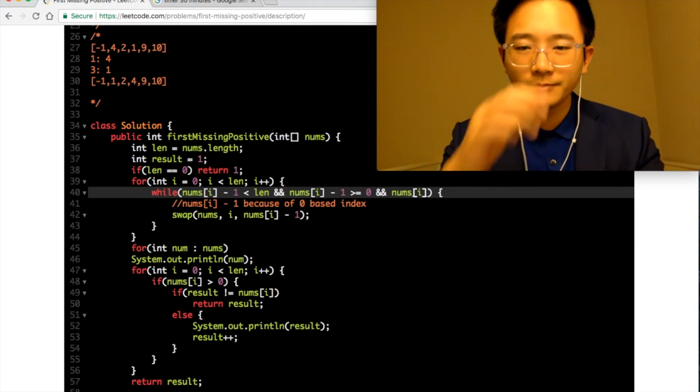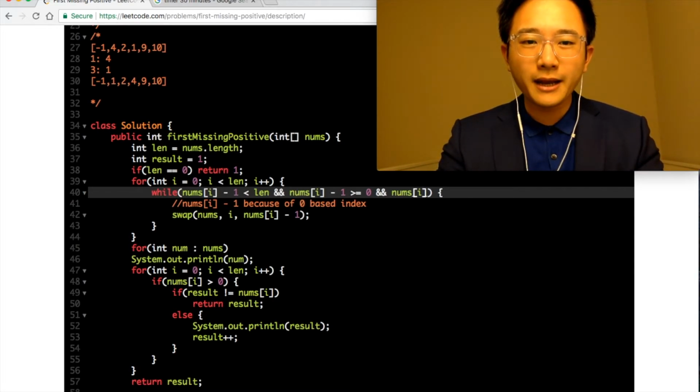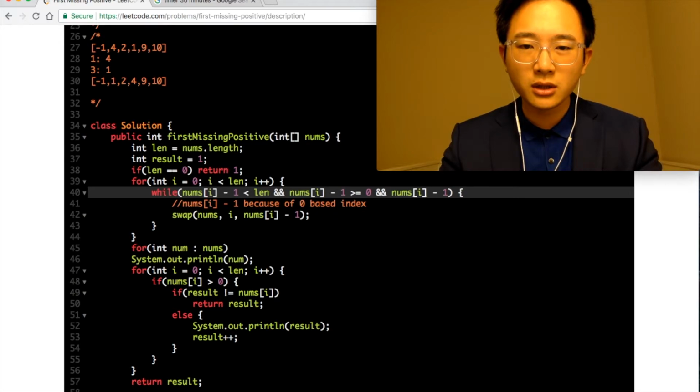All right, we'll keep swapping until, all right, so we'll keep swapping until now here until minus one minus one minus one.